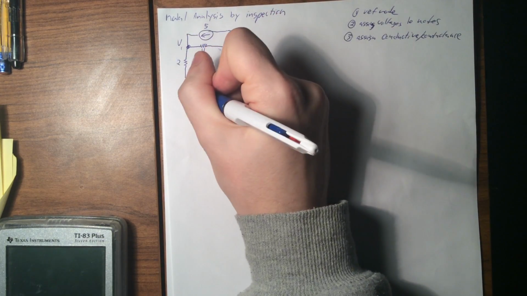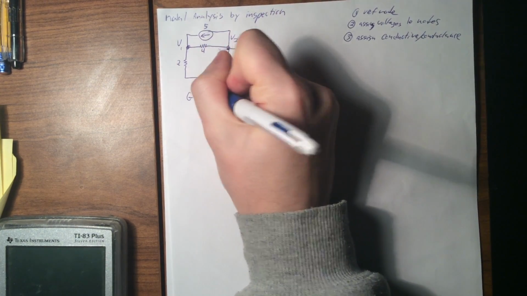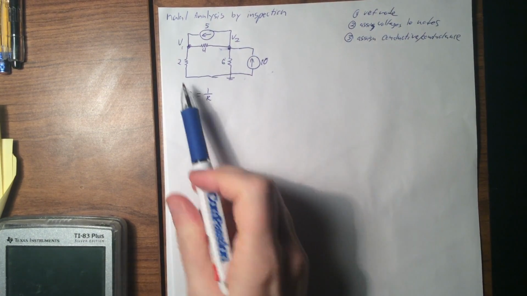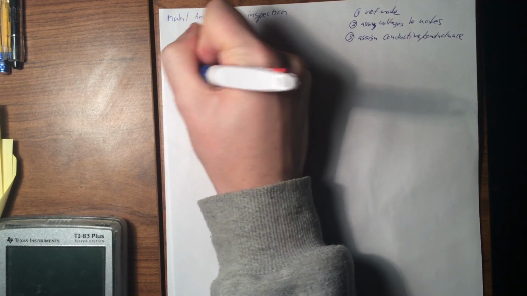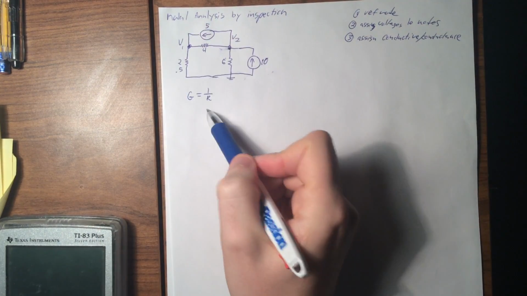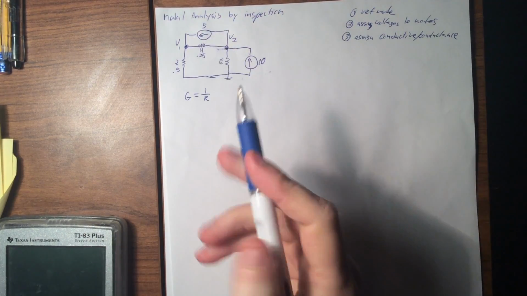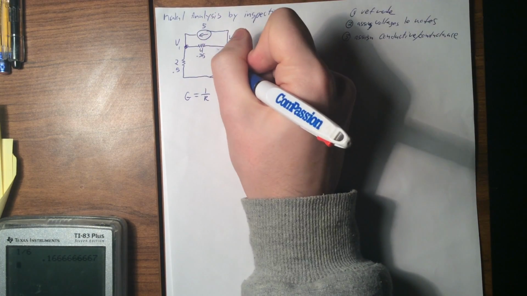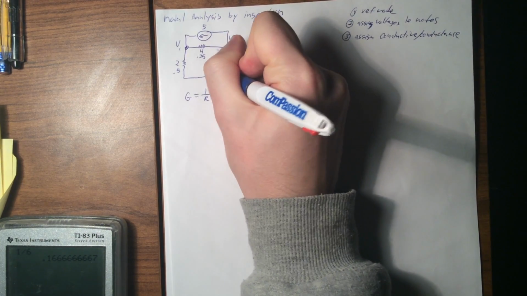So we're going to use G equals 1 over R as our equation. For this resistor, we get G equals 0.5, 1/2, because it's 1 over 2. For this one, we get 0.25, because it's 1 over 4. And for this one, we get 1 divided by 6, which is 1.66. We can just put that as 1 over 6.